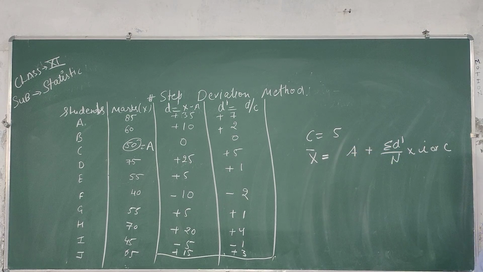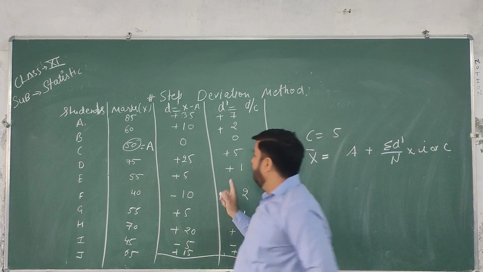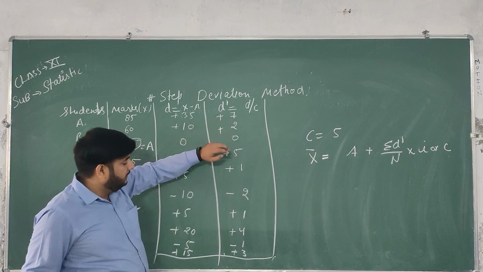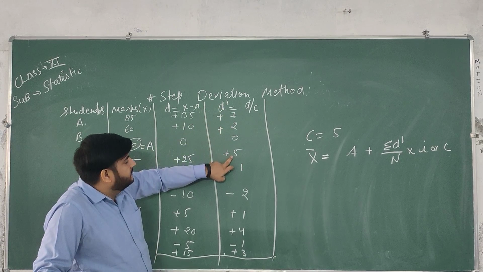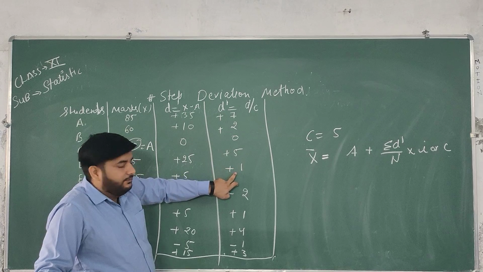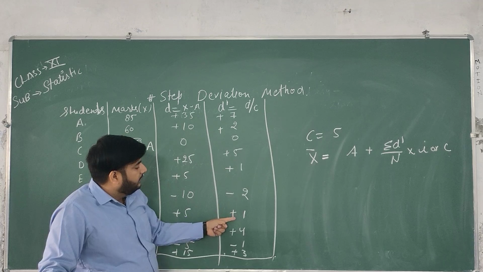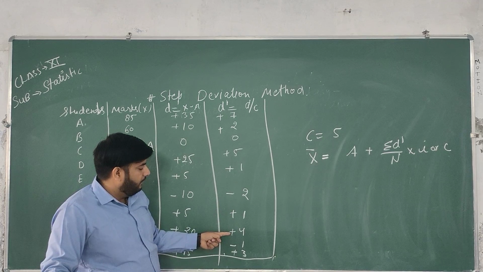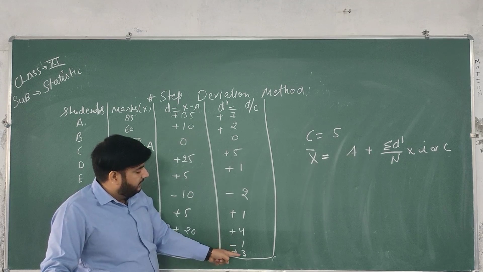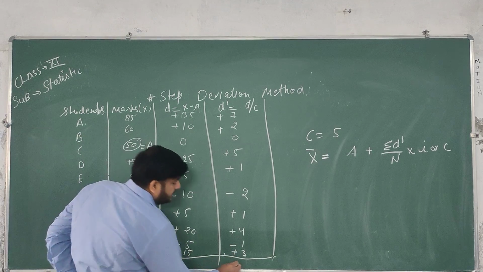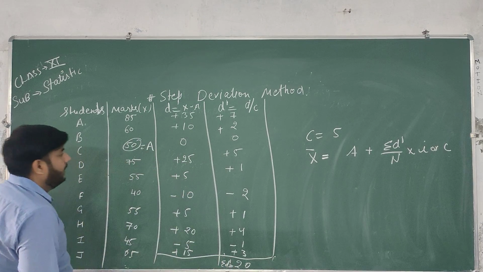The value is 5. Sigma D dash means the total of the D dash column. So when we add all the values, 7 plus 2 is 9, 9 plus 5 is 14, 14 plus 1 is 15, 15 minus 2 means 13, 13 plus 1 is 14, 14 plus 4 is 18, 18 minus 1 is 17, 17 plus 3 is 20. So sigma D dash is 20.